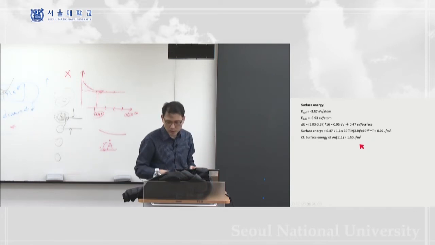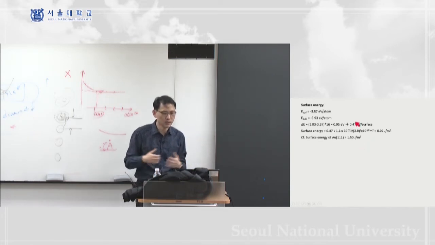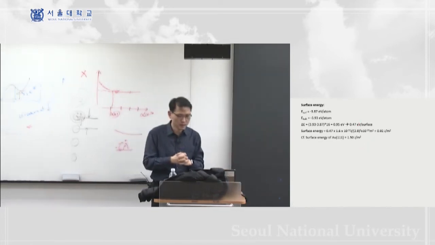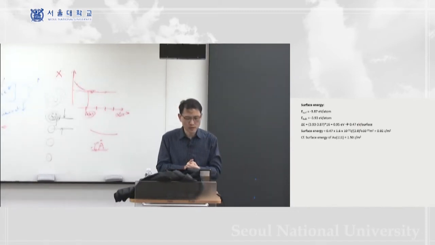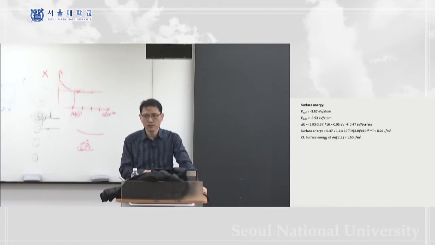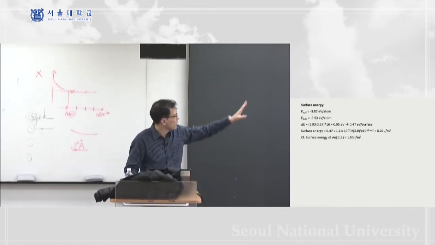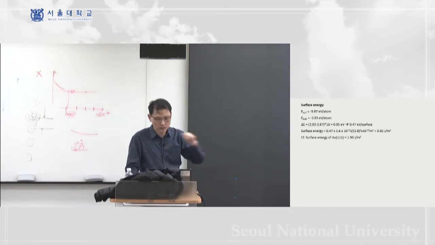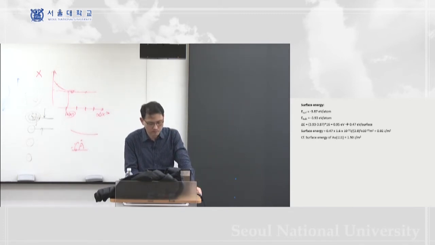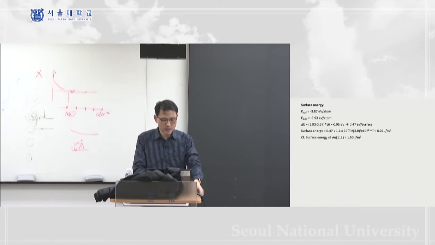Usually the classical potential is not good at giving surface energy. So in order to get a more accurate value, we actually have to use quantum modeling. But anyway, it gives you a similar magnitude. Okay, so that's how we calculated the surface energy.